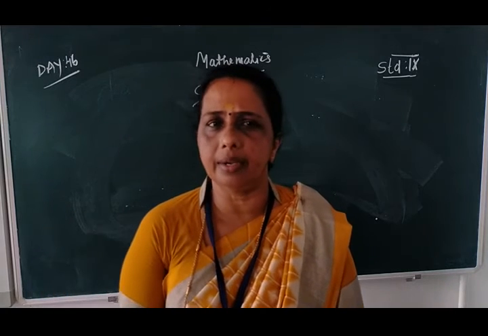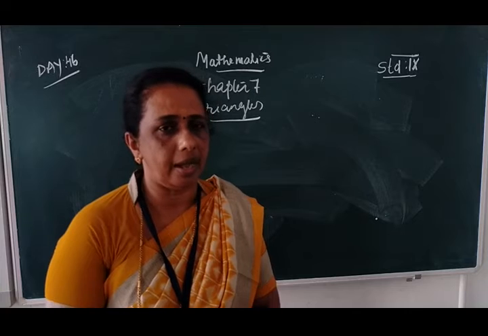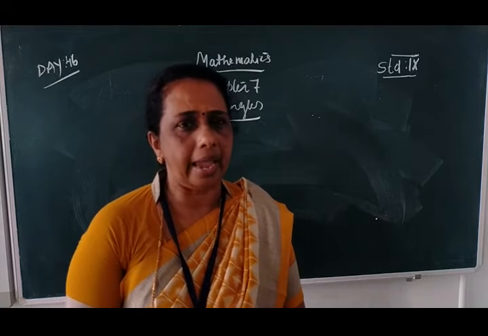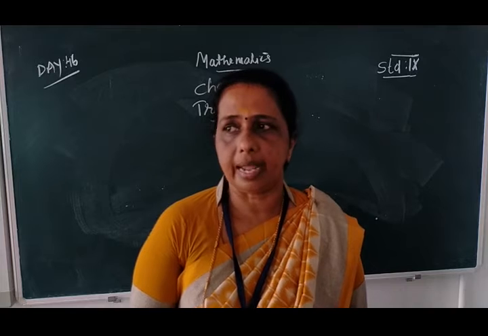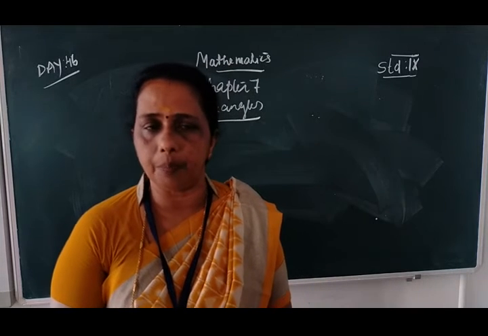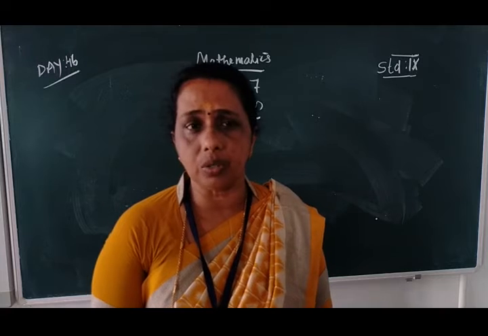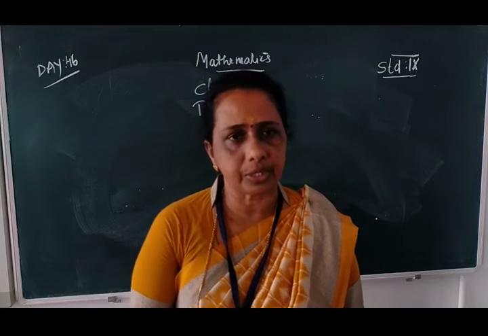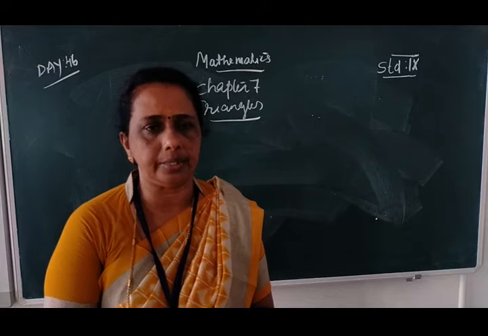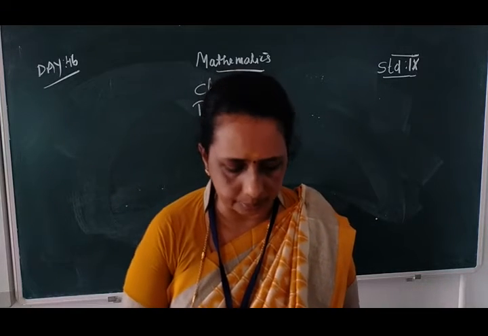Triangle. What is a triangle? It is a 3-sided polygon having 3 angles and 3 vertices. What is a polygon? A polygon is a closed figure made up of line segments. Triangle is the first polygon, having 3 sides, 3 vertices and 3 angles.